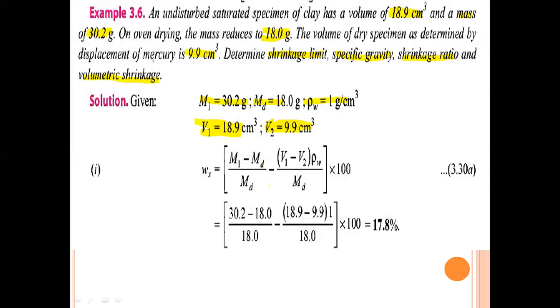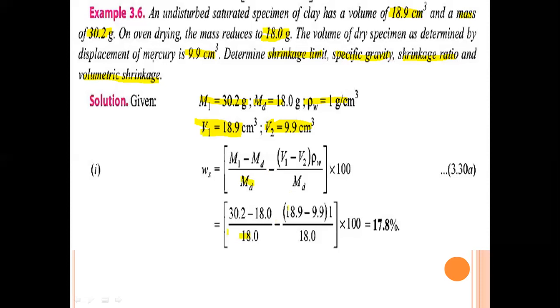So first of all, we determine the shrinkage limit. Shrinkage limit formula is Ws equal to (M1 minus Md) divided by Md minus (V1 minus V2) divided by Md into rho W into 100. Here we know M1, Md, V1, V2 and rho W. Substituting all values in this equation: M1 is 30.2 and Md is the dry mass 18, divided by Md 18.